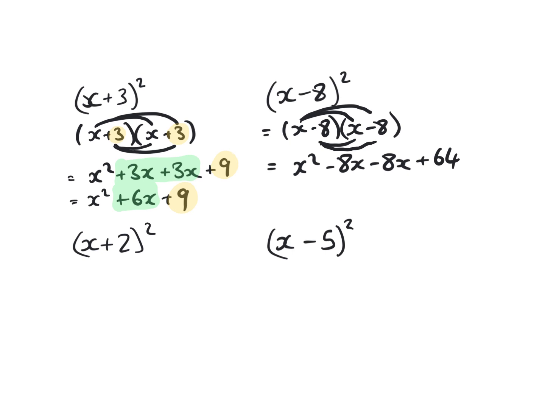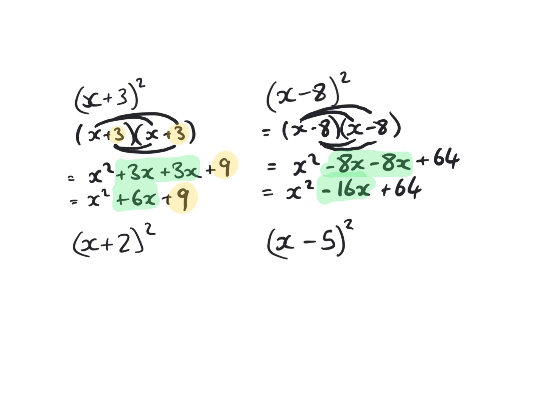Again, the same thing applies here. Because I've got two of these, which will always be the same when we're squaring a bracket, negative 8 and another negative 8 is two lots of negative 8, so negative 16x, and then plus 64. Because we're squaring a bracket, we always get this term repeated, leading to this negative 16x.